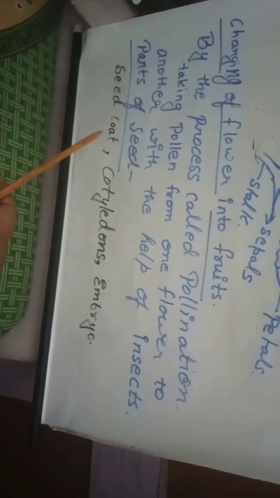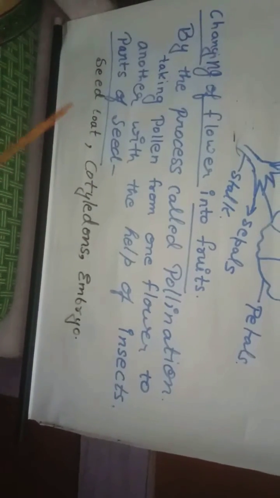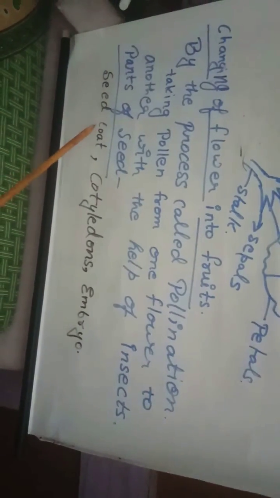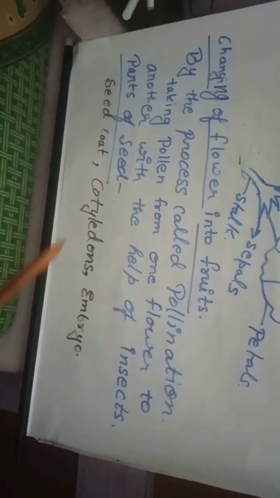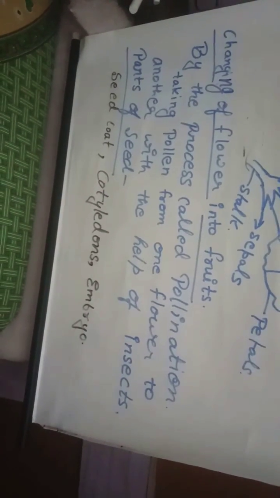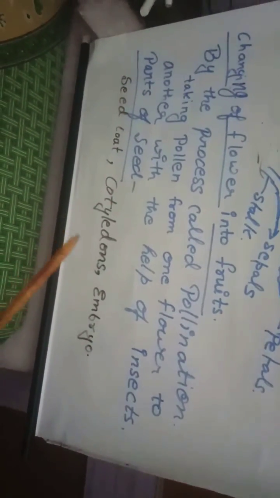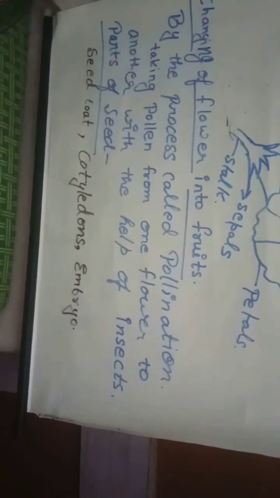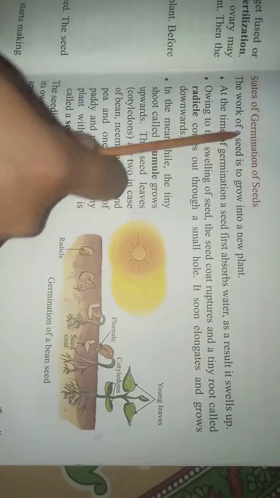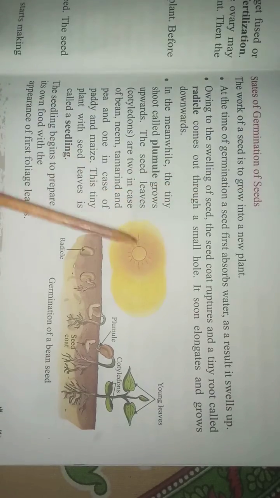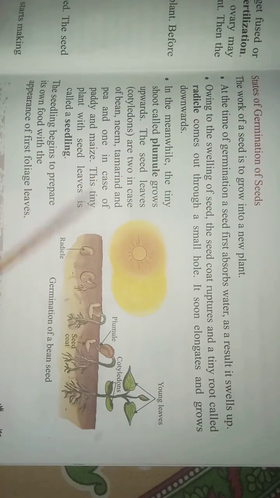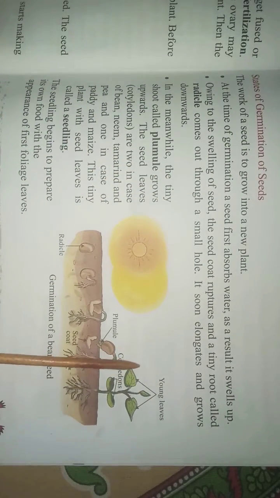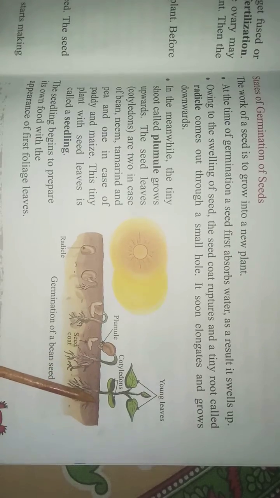After that we have studied parts of seed. What are they? We have studied about the seed coat. Seed coat is the part of seed which protects the seed. Then we have studied cotyledons, and at last we have studied the embryo. Then we studied the stages of germination of seed, how the seed germinates into a young baby plant.